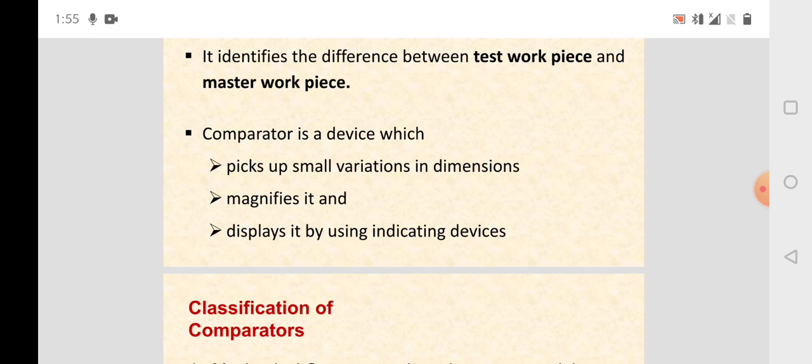There are many types of comparators, and they give you the reading. We can set a particular comparator to the basic size as 0, and then any deflection after checking the workpiece can be recorded.